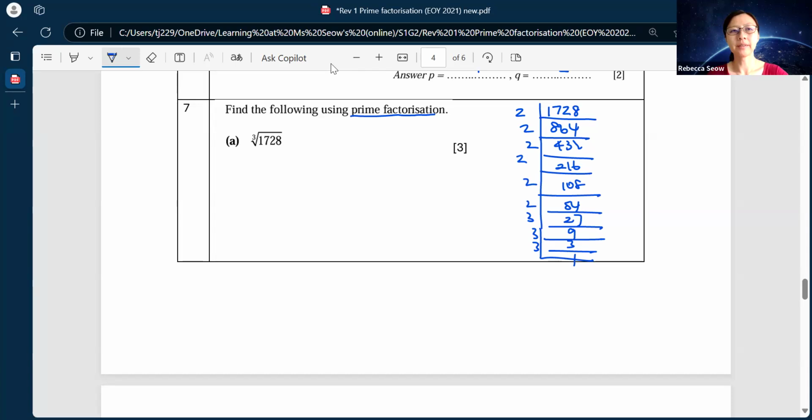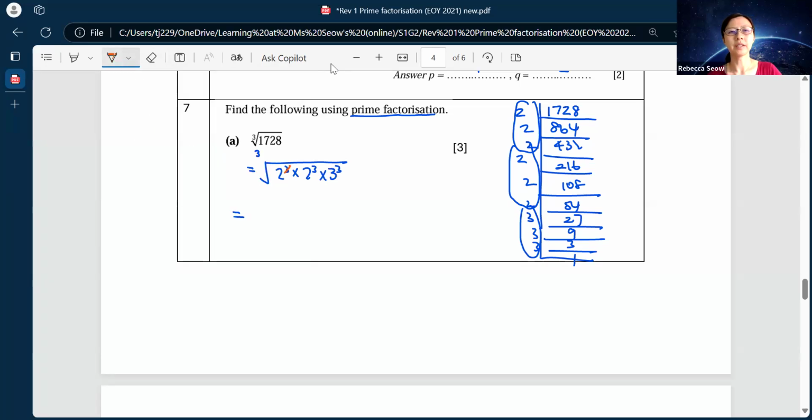Okay, so we will end up with the cube root of 2 cube times 2 cube times 3 cube. Okay, so what happens is that the cube and the cube root cancel each other off.